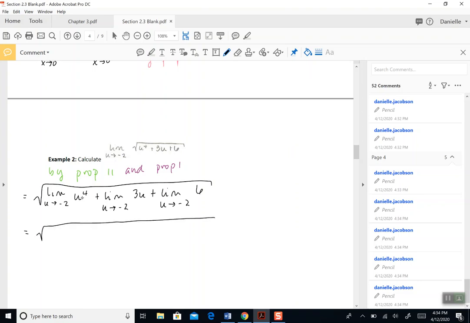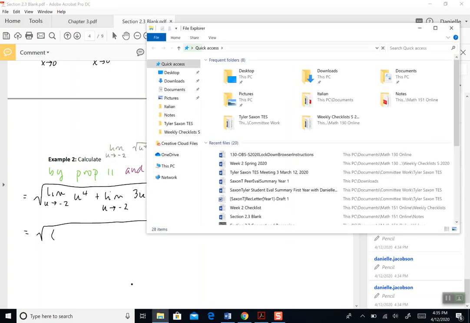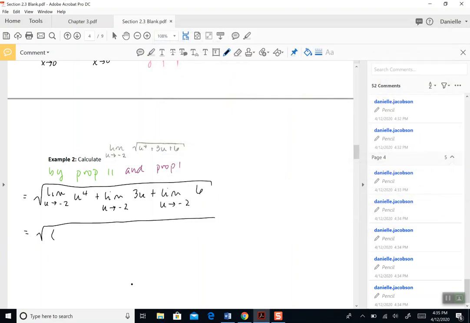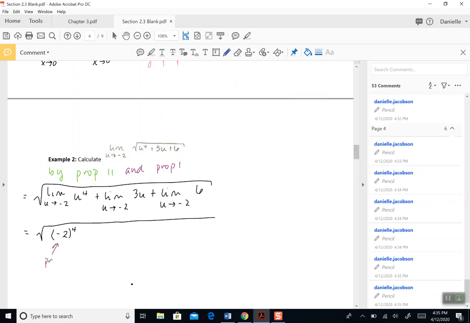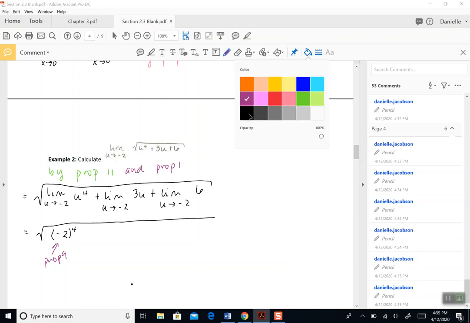Okay, here, notice that we have u raised to a power again. It's another property. This is equivalent to -2 to the 4th, right? And that was from property 9, which we already discussed. So this is by property 9, right?